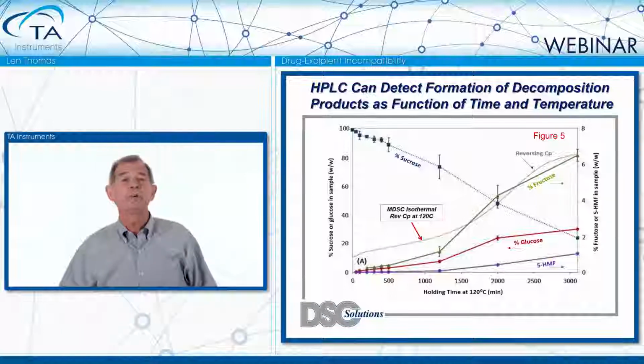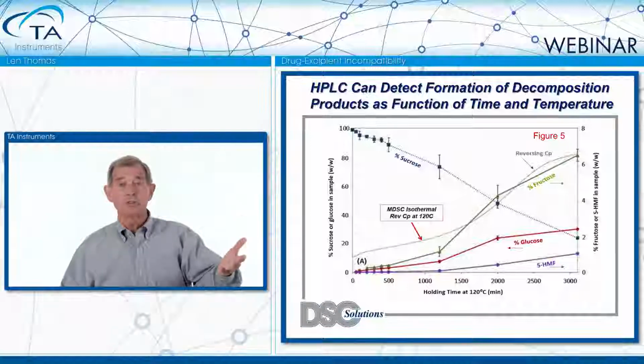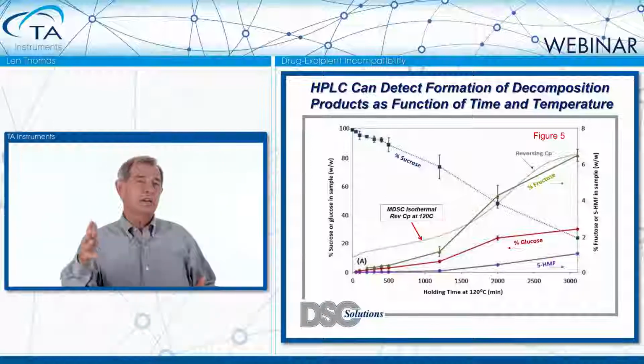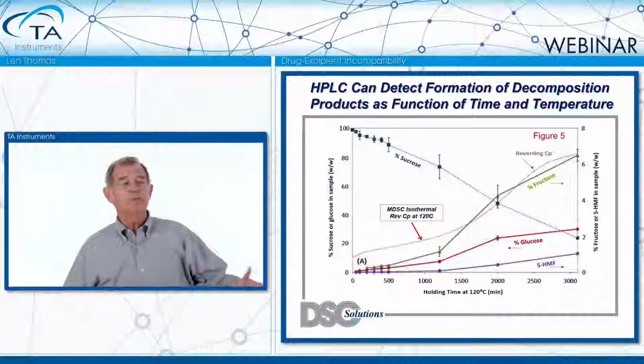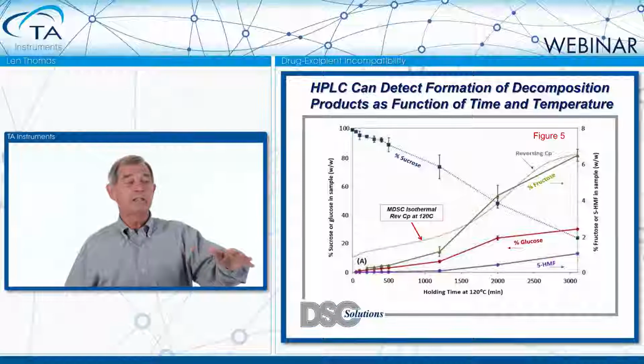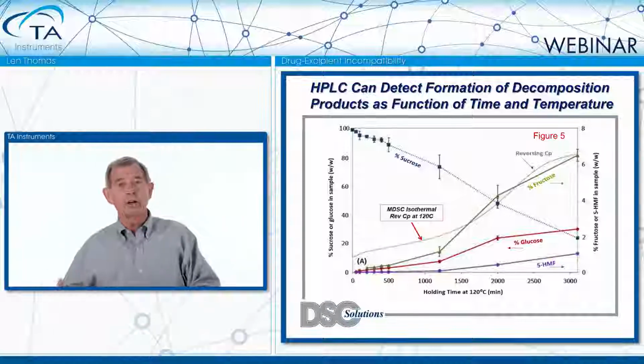And what they found with sucrose is that the decomposition products were fructose, glucose, and 5-HMF, which I think is hydroxymethylfuran, okay? So you can follow the decomposition process by following the decomposition products, using the quasi-isothermal modulated DSC data, shown as that gray background, as a guide to where you are in the reaction.